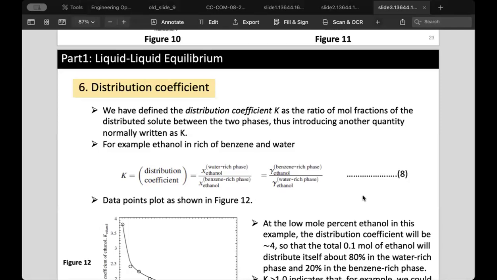Then we measure the mole fraction of ethanol in the water rich phase and the mole fraction of ethanol in the benzene rich phase. This ratio we call the distribution coefficient. Of course you can write it as gamma of ethanol in the water rich phase over gamma of ethanol in the benzene rich phase; it's the same.